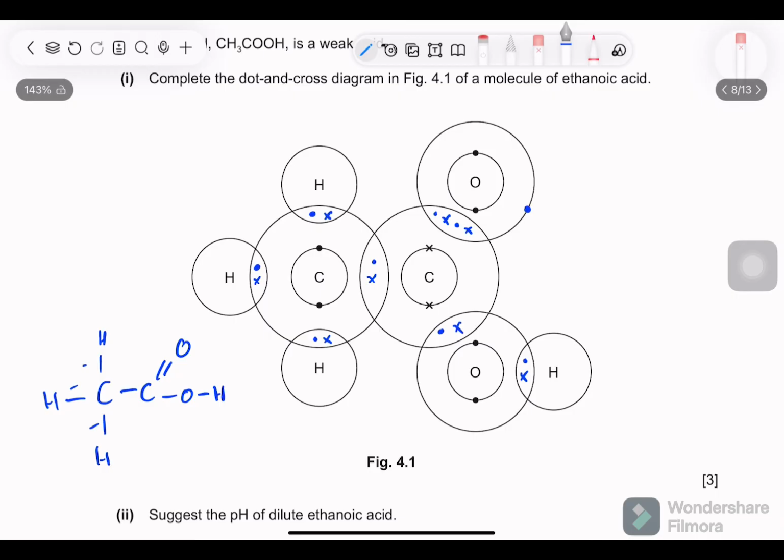So we need to draw 6, 2, 4, and 2 we had already drawn. So giving us 2, 4, 5, 6, and 2 from carbon, 7, 8. Similarly for this oxygen, 1, 2, 3, 4. Total of 6 own electrons of oxygen and 2 borrowed or shared.